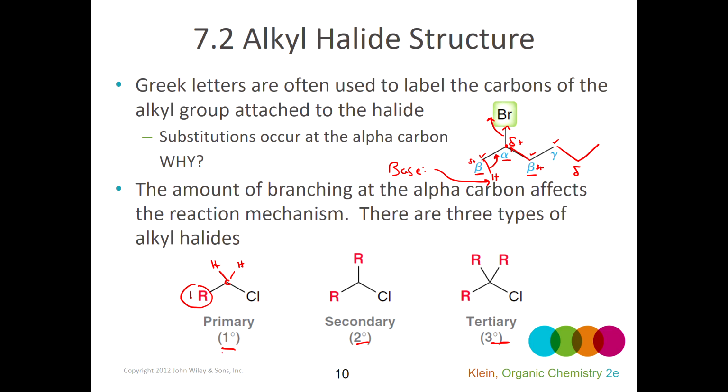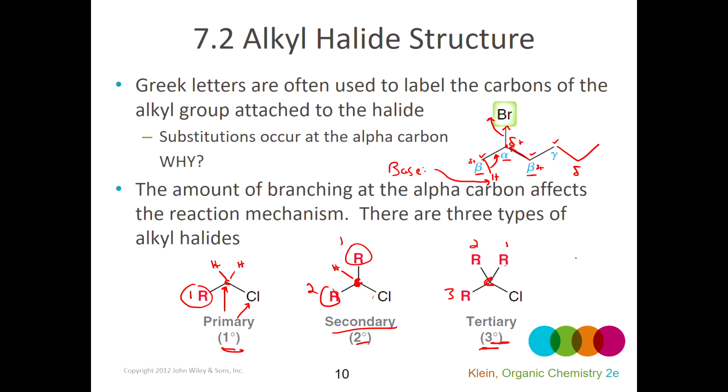So that's a primary carbon, which makes the halogen a primary chloride. Here, the carbon that the halogen is attached to has two carbon groups, so it's secondary. So this is a secondary carbon, and this is a secondary alkyl halide. Here, the carbon that the halide is attached to has 1, 2, 3 carbon groups, so that's what makes it tertiary. So this is a tertiary carbon, and I have a tertiary halide.